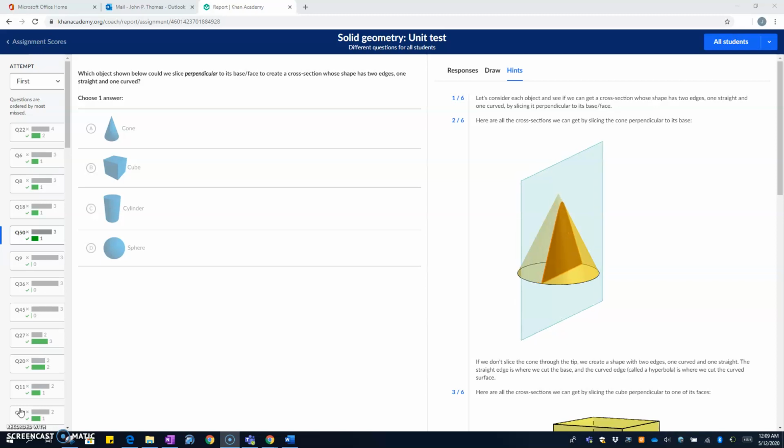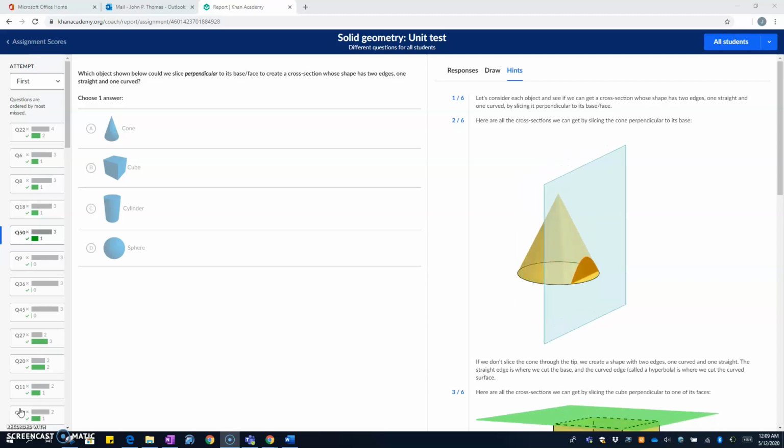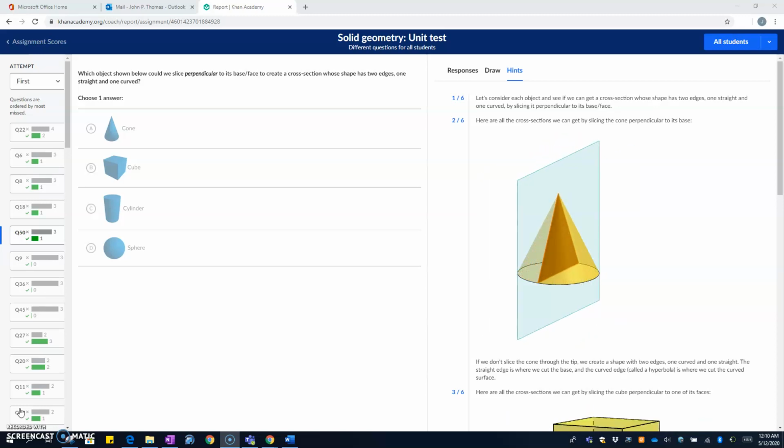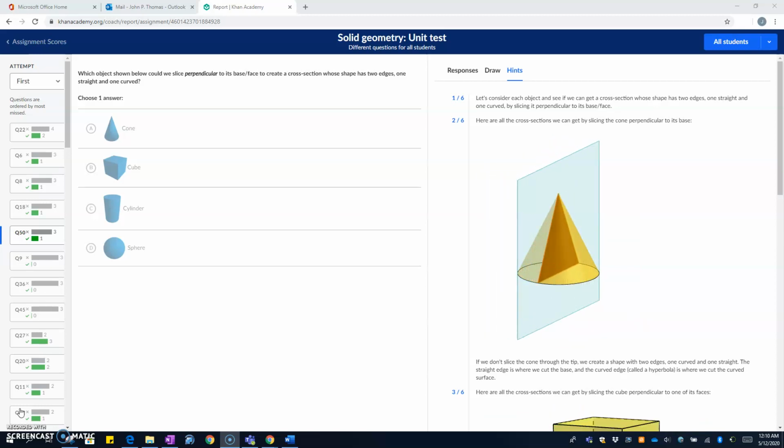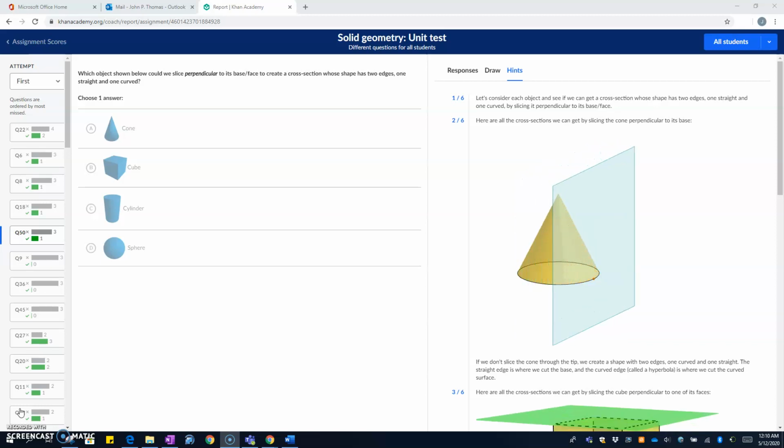So it says, which object shown below could we slice perpendicular to its base or face to create a cross-section whose shape has 2 edges, 1 straight and 1 curved. So when we slide this across, we get that 1 straight edge across the bottom, and then we get the curved edge that goes over the top.